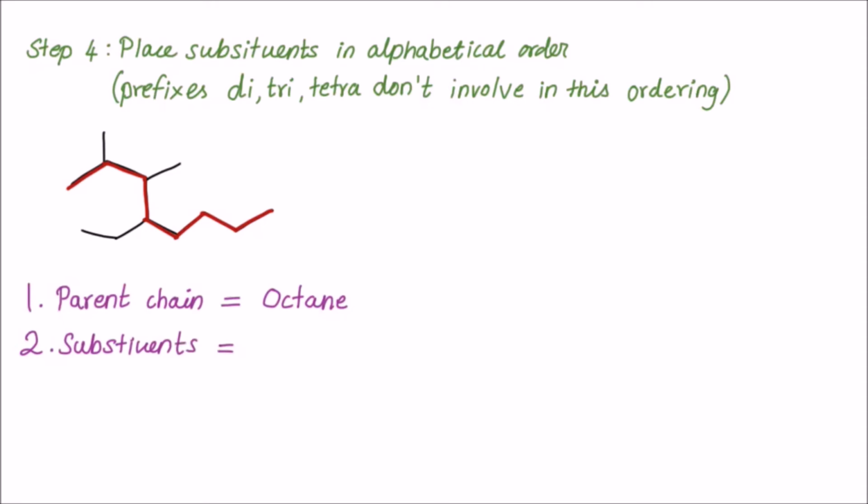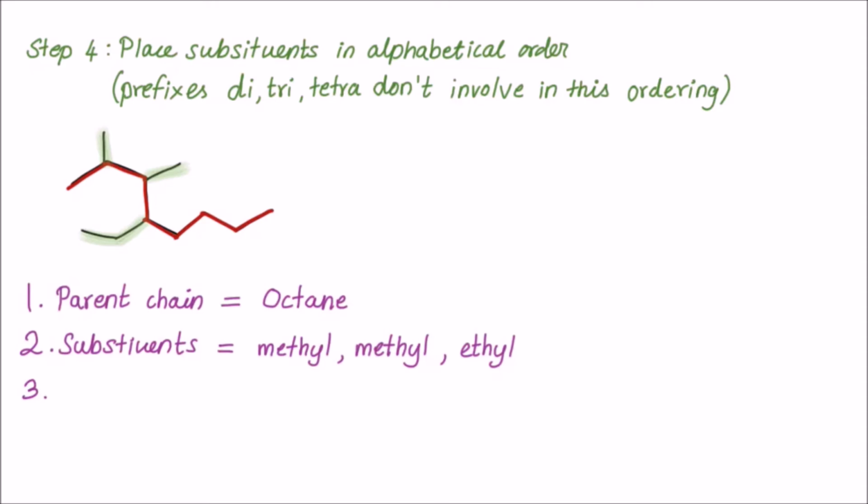Here we have a methyl, and another methyl, and an ethyl. There are 3 substituents, named based on the number of carbon atoms. Now step number 3 is number the parent chain, and again remember that the first substituent should get the lowest possible number.